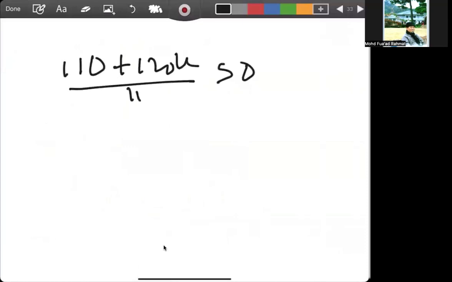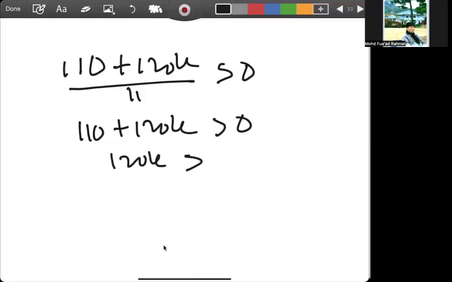So we take this one, 110 plus 120K divided by 11 greater than 0. 110 plus 120K greater than 0, so 120K greater than minus 110.